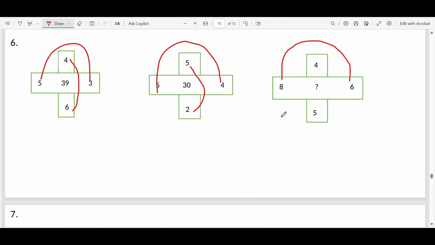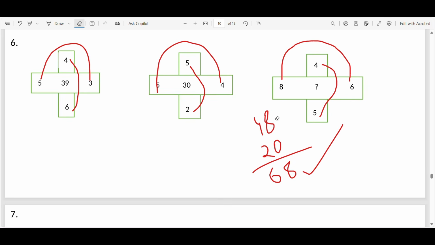So 8 sixes, you're getting 48, right? 8 sixes 48 and 5 fours you are getting 20. 5 fours 20. Yes. When you add both of them you are getting 68. So final answer is 68. So this is a correct one.